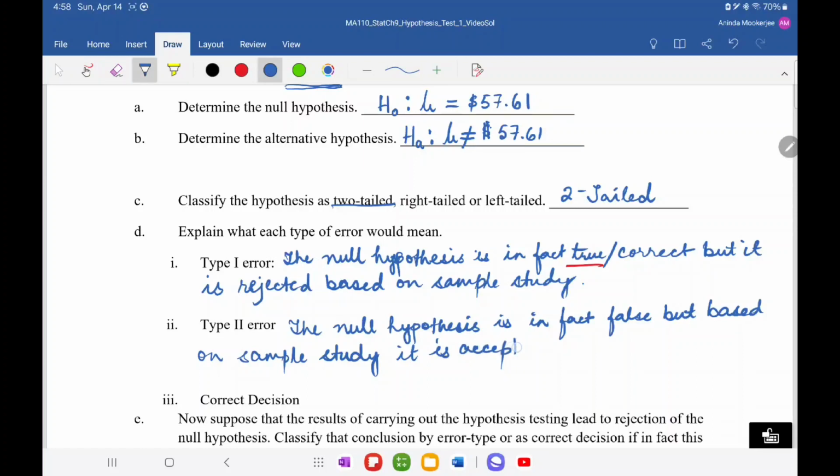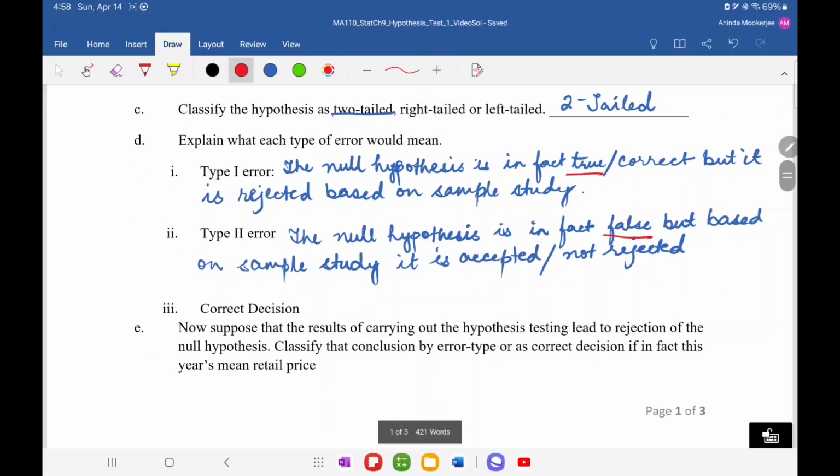That is, it has not been rejected. So in order for a type 2 error to occur, the null hypothesis must be false and we fail to reject it.